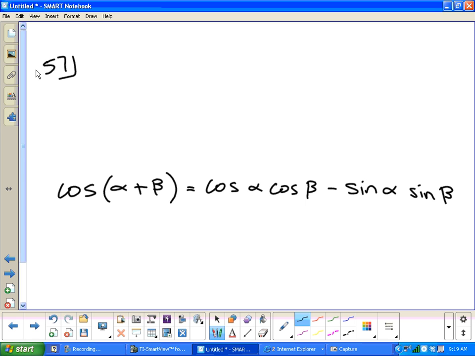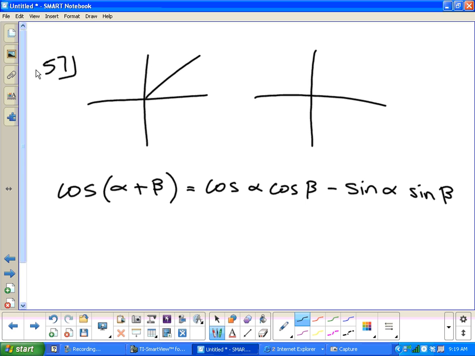You always have to do the alpha graph. You don't have to, but it's always going to be given in charts and problems. Alright, the first triangle was in quadrant 1.